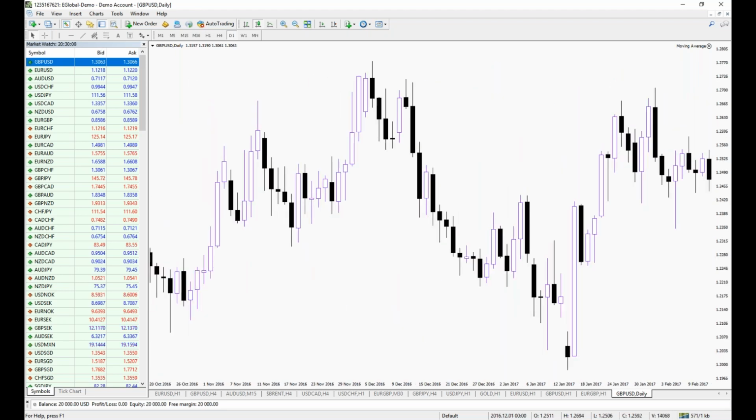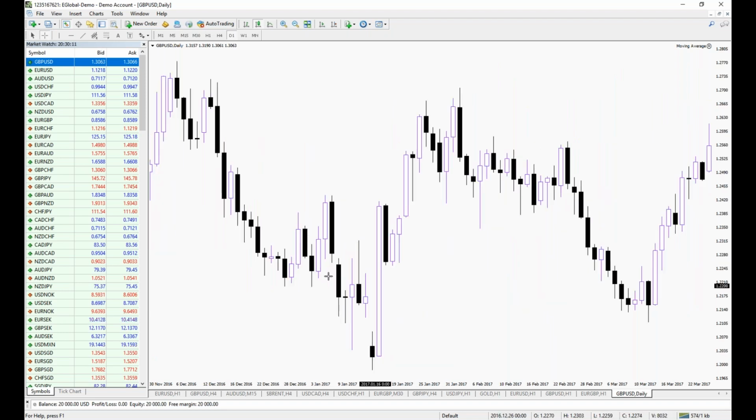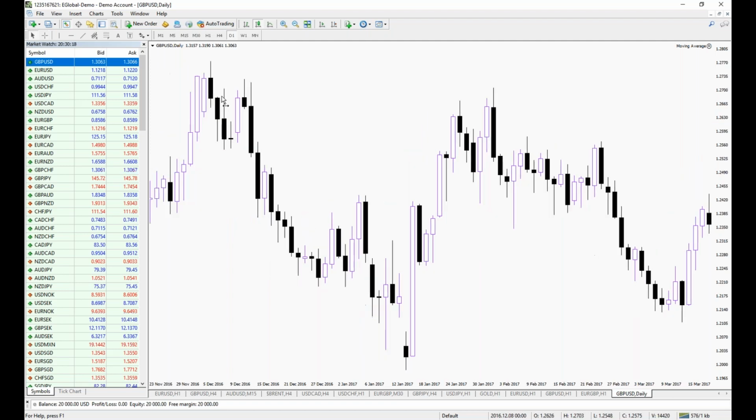In here, let's take a look. This is another example, also a very nice one. You see, the market basically went down, started to consolidate, and then with a gap down, a doji candle appeared.